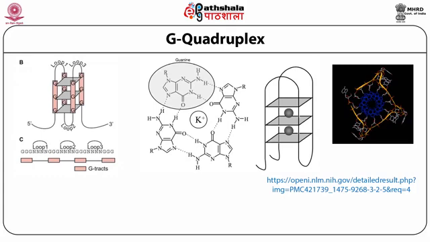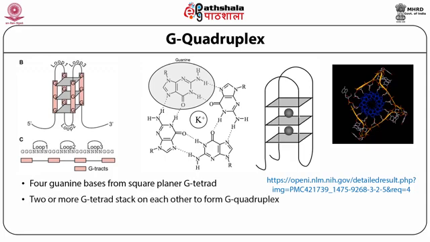This shows a long polynucleotide chain where you have different loop regions and different regions with guanine rich sequences. Apart from the loop region, all these Gs come together and form very nice tetrads, and eventually they form this quadruplex moiety.